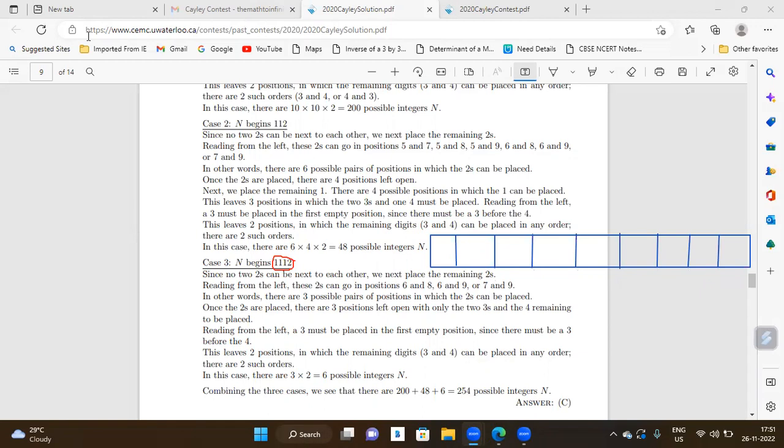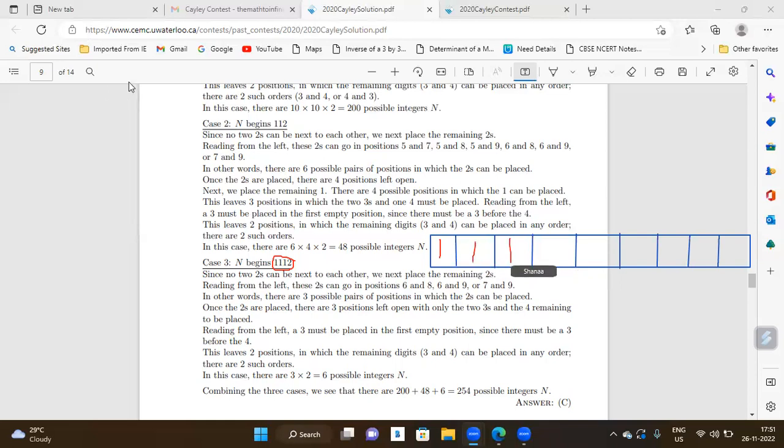Okay. So since no twos can be next to each other, we have to do the same thing as before. The twos can't be next to each other, so we have to count the number of possibilities for the twos.